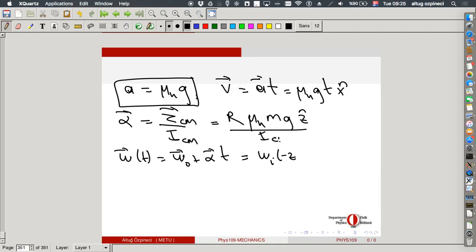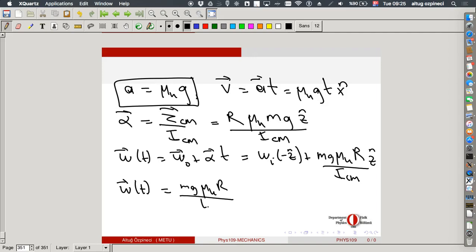Oh, sorry, here we also have to divide by the moment of inertia. Plus mg mu k r over I center of mass in the z direction. So the angular velocity is mg mu k r over I center of mass times t minus omega I in the z direction.